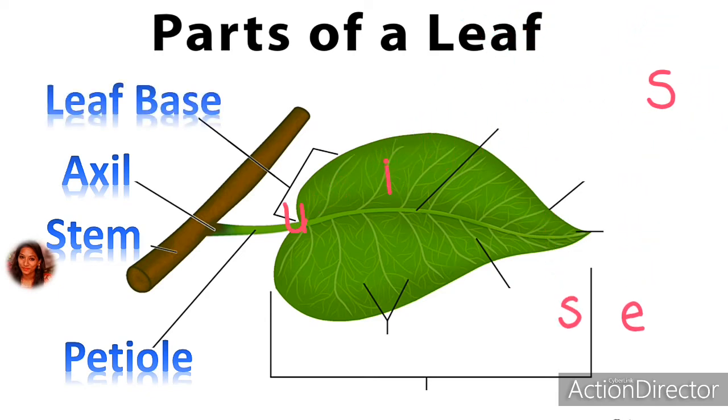Then, if we talk about the original leaf, the base or bottom portion is called the leaf base. Here you can see that as at the bottom there is a base, similarly there is a tip portion known as the leaf tip. That whole tip portion is sometimes also called the apex.